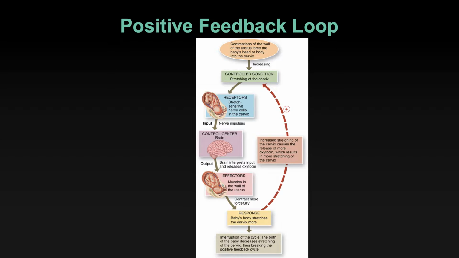A positive feedback loop magnifies the signal until the signal disappears. What's the signal? The signal is stretch at the cervix. When the baby is positioned and ready to be born, it's pressed against the cervix and stretch is registered.